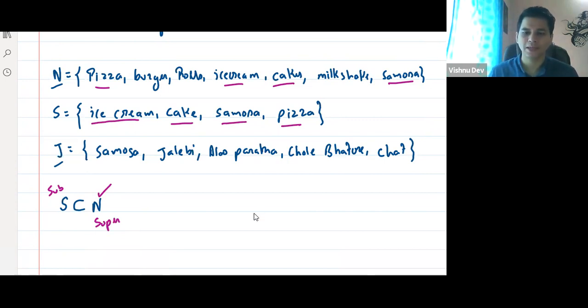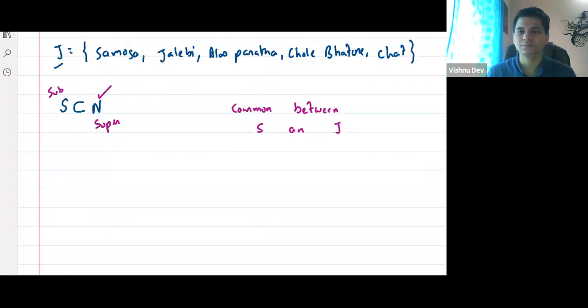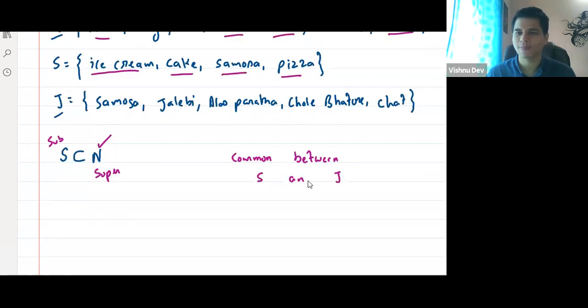Now, my question is: think about it. What is common between Sinchana and Janvi? Tell me, what are the common choices between Sinchana and Janvi? Samosa. Samosa is common, right? But obviously we are talking about math, not English.